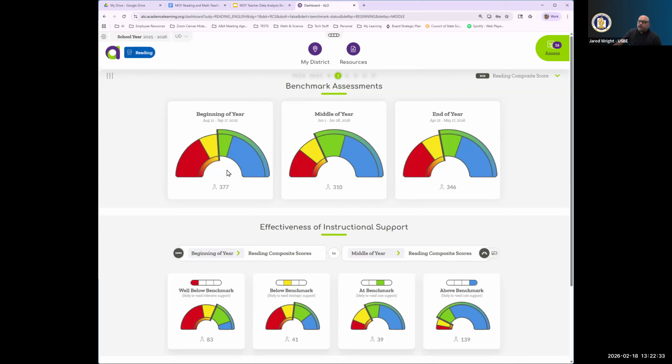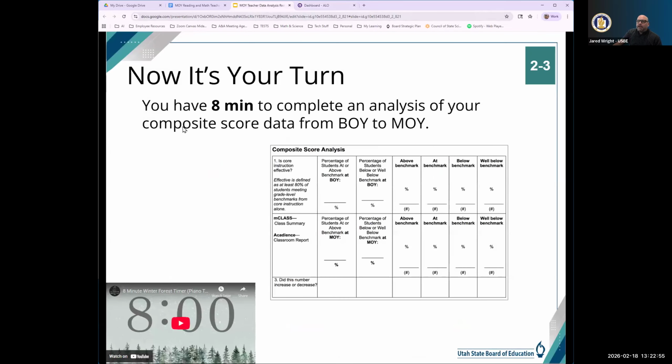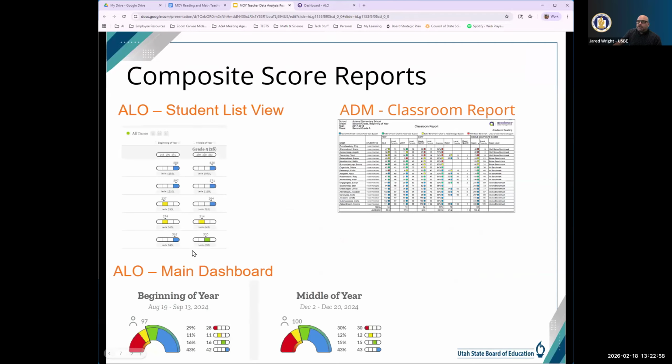Also, if you are someone that likes to print reports rather than use them on the computer, rather than hovering, if you do the print function, so Control P or right click and print, it will bring up this information in a format looking like this down here in the bottom of the slide, where it lists out the percentages and numbers of students within those categories.